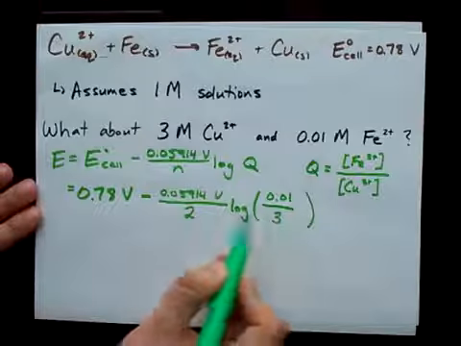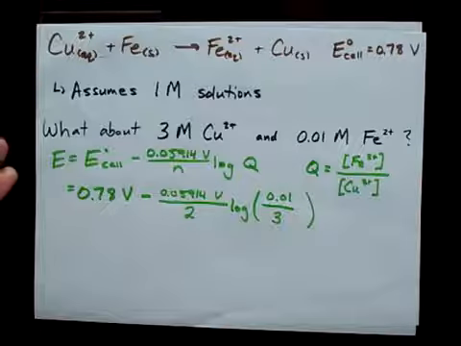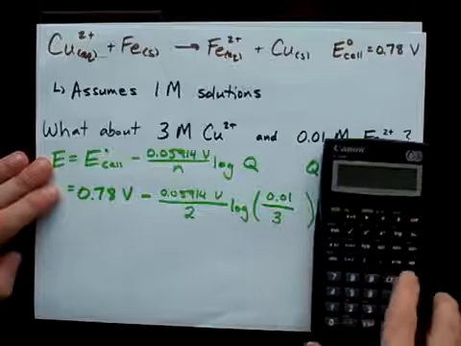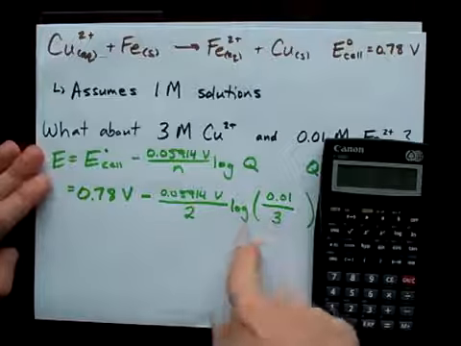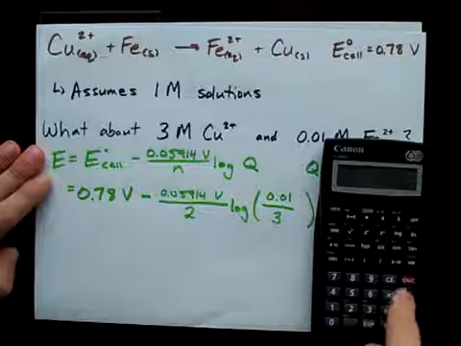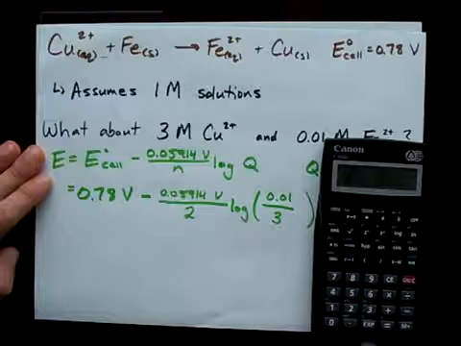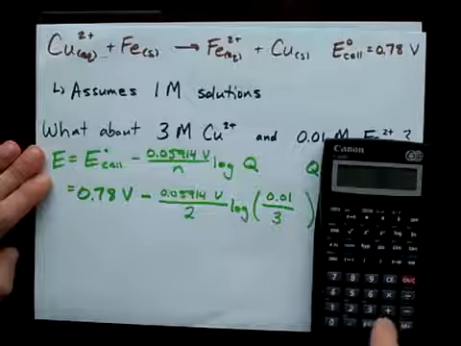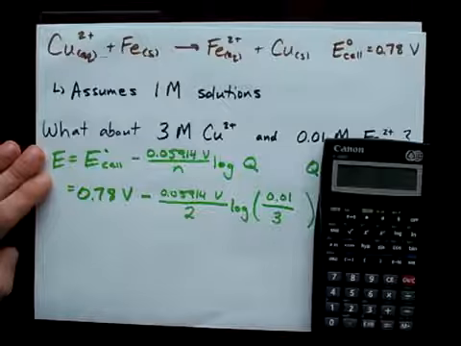So I filled in all the numbers that I need right here, and now all we need is a little calculator to figure out what this value is. I'm going to start over here, 0.01 divided by 3, take the log of that times 0.05914 divided by 2.